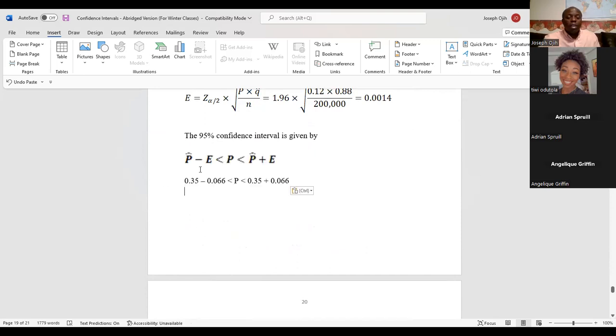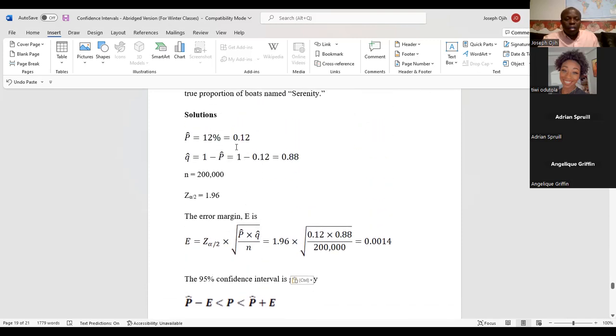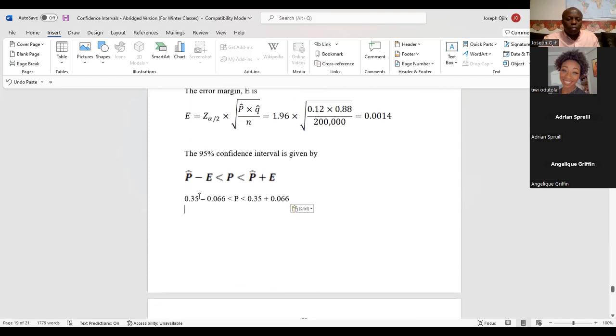P hat minus error is less than p is less than p hat plus error. So in this case, our p hat is 0.12, minus error. Our error is 0.0014. And then repeat the same process.